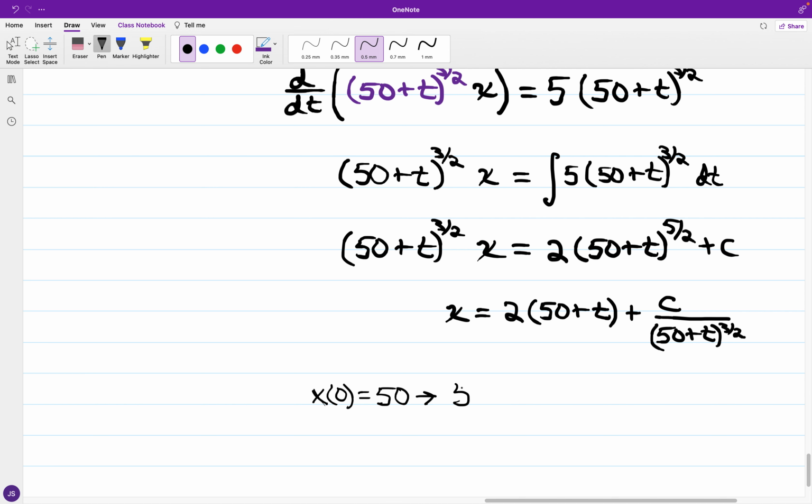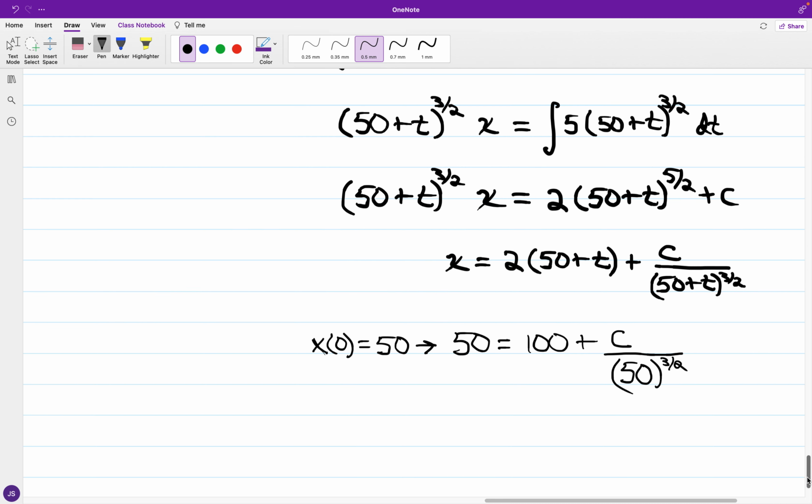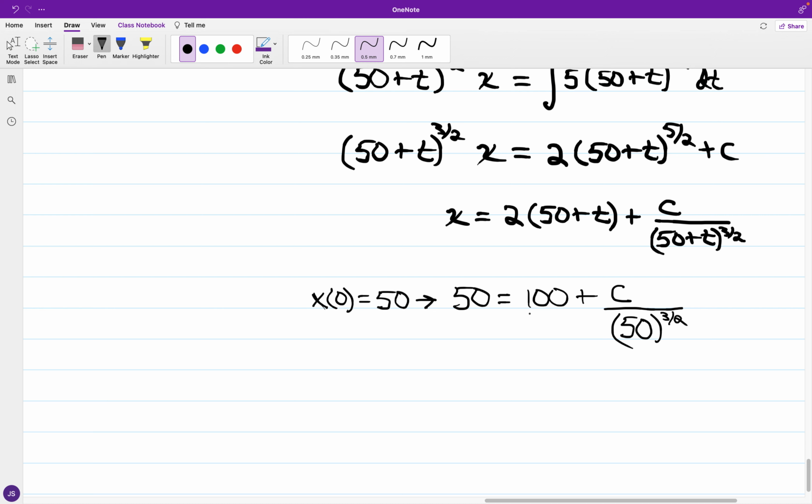So we have x at 50 when t is at 0. So I have 2 times 50 plus 0, so there'll be 100, and I have plus c all over 50 to the 3 halves. And if I take 100 away from 50, so I have negative 50 is equal to c over 50 to the 3 halves.